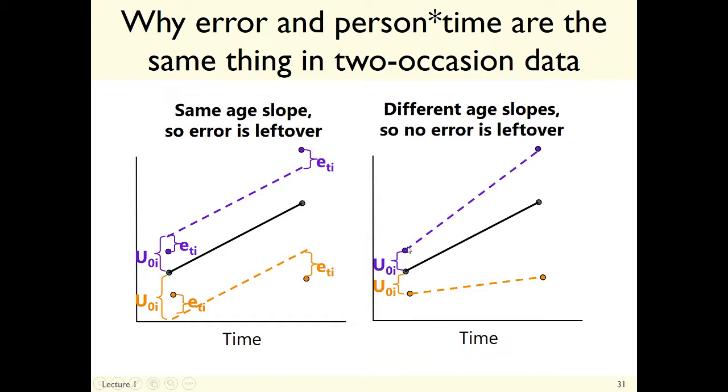Or I could say, no, I don't need error. I got person by time instead. I'm going to let each person have their own slope. Now U0, I have to think about at a particular point because what U0 would be depends on where time 0 is.